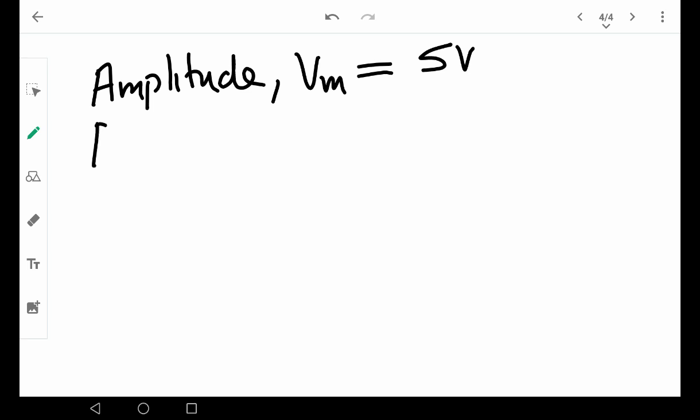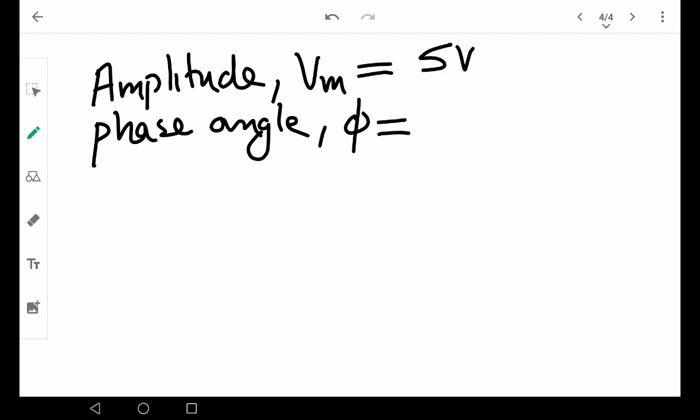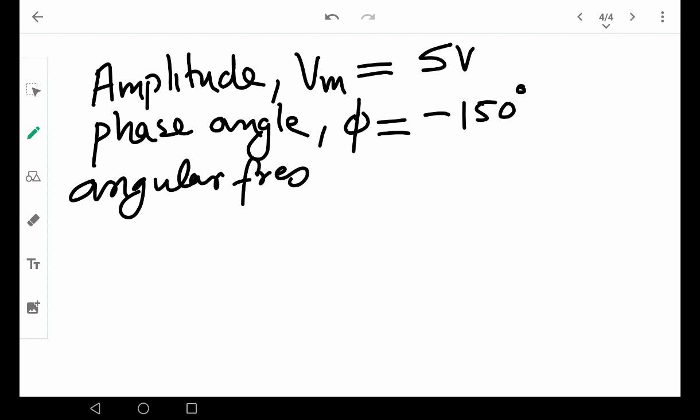Phase angle phi equal to minus 150 degree, right? And angular frequency omega equal to 4 pi, right?